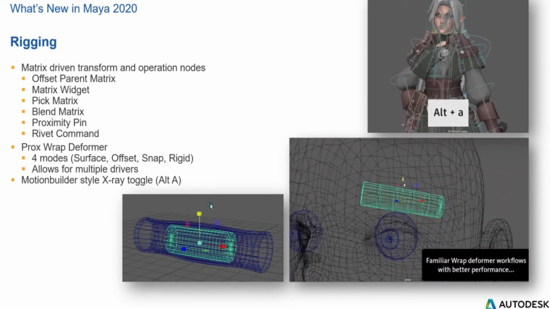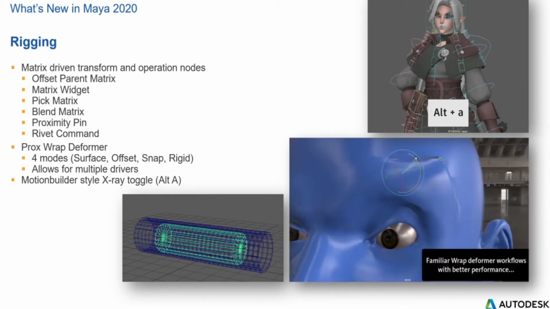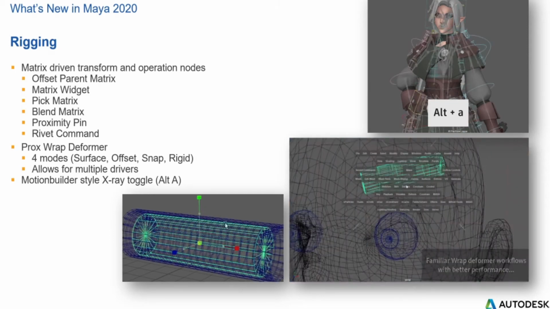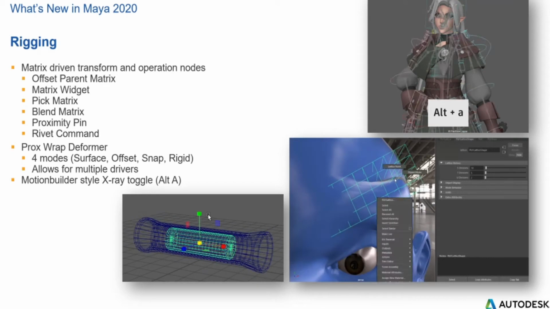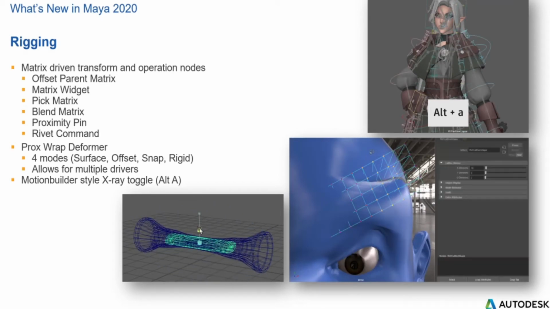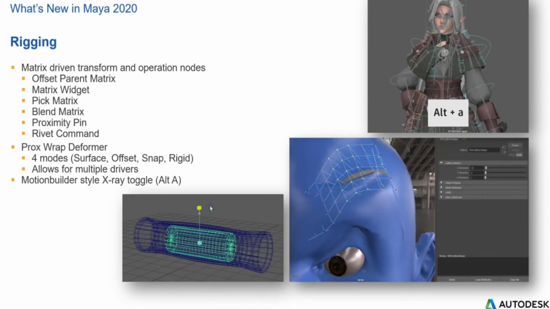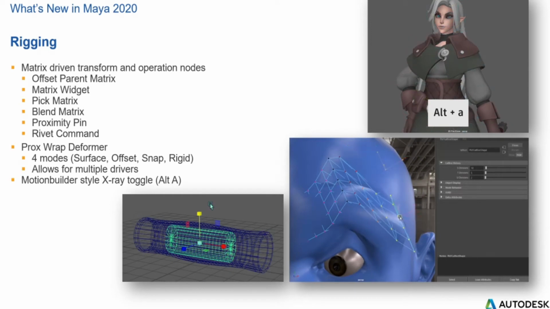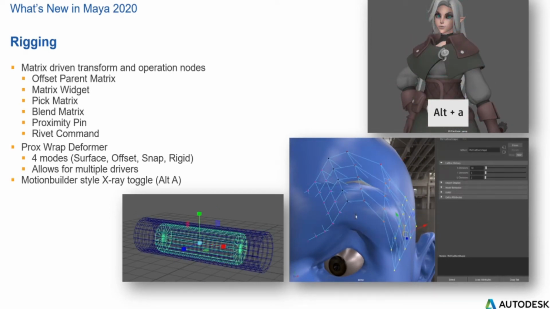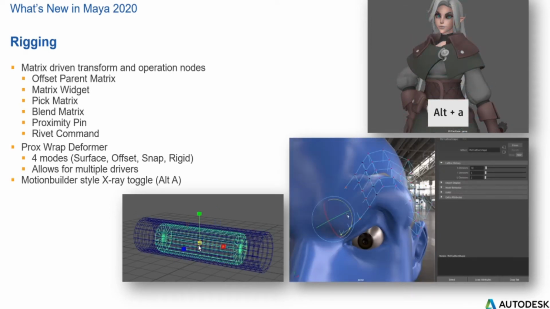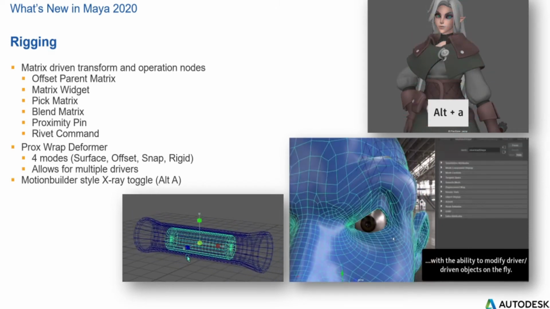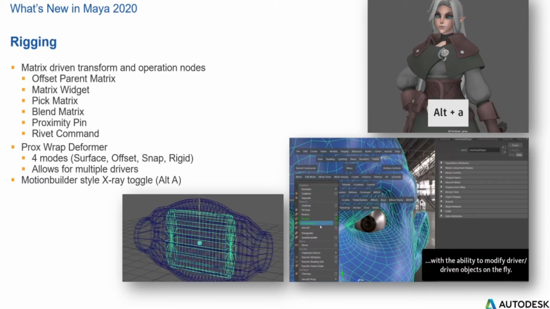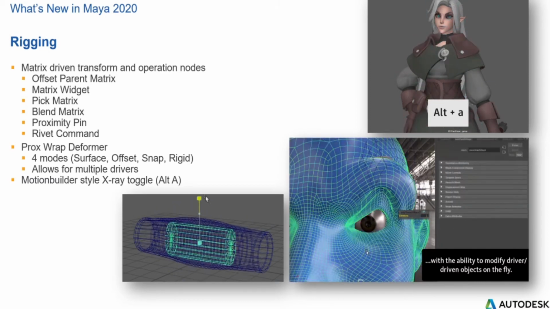A matrix is kind of a spreadsheet of numbers, 4 by 4, which expresses the translations, rotations, and scaling and shear of an object. So with such a matrix, you have some things much easier than with the single channels translate, rotate, scale, and the calculation of matrices is much faster.